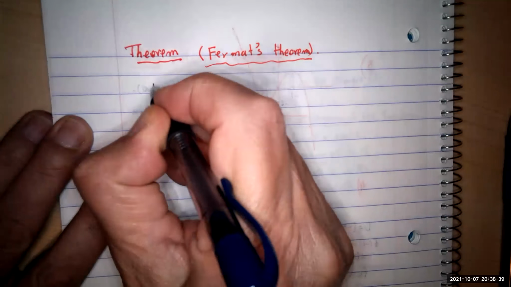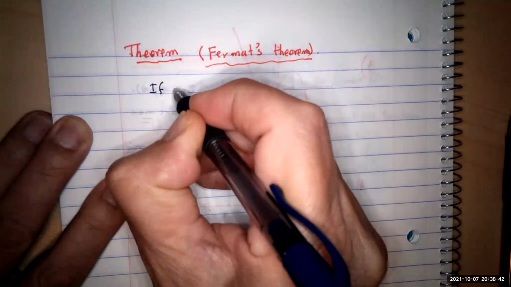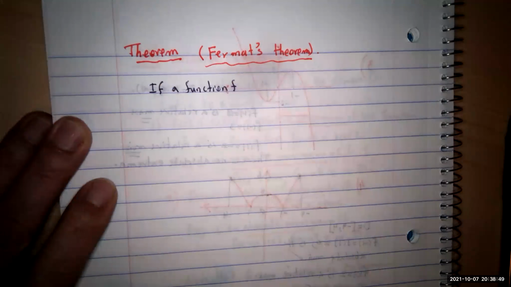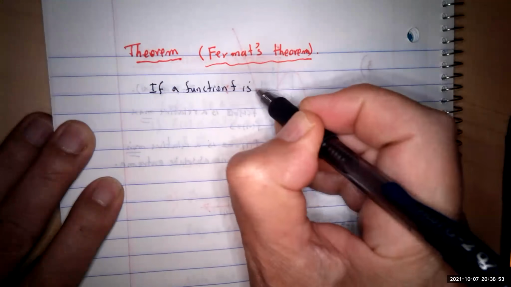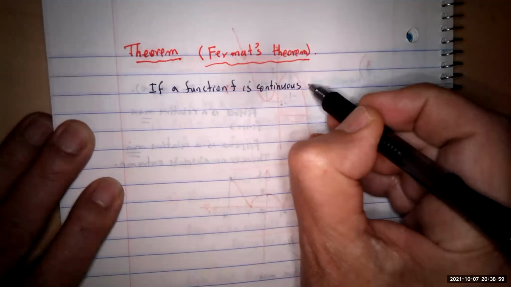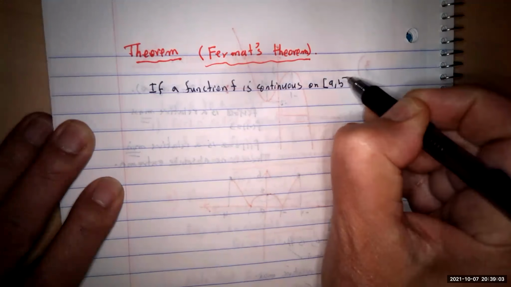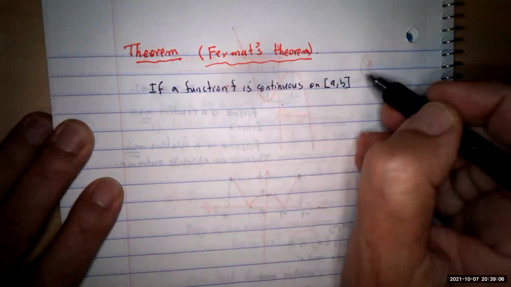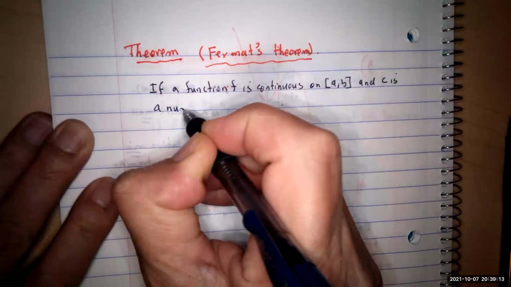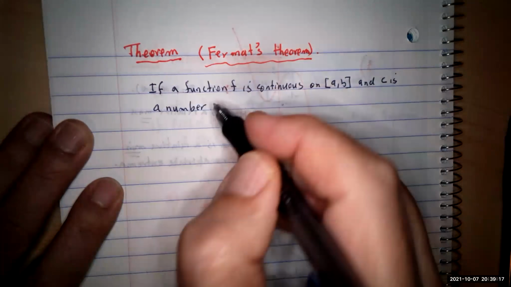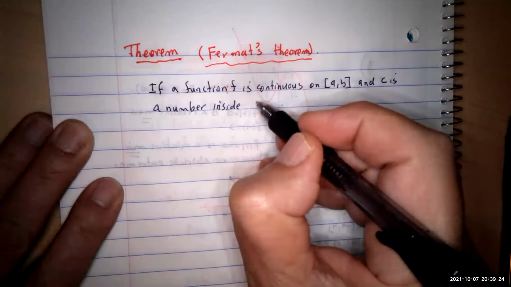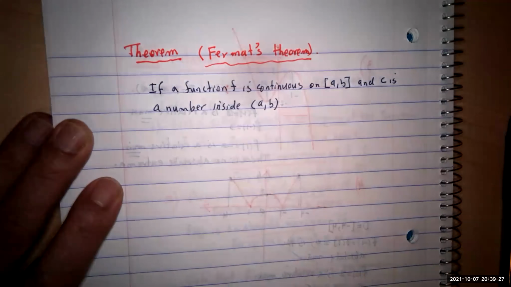So we make it official: if a function f is continuous on the closed interval from a to b, and c is a number inside this interval, this theorem cannot be used for the endpoints.